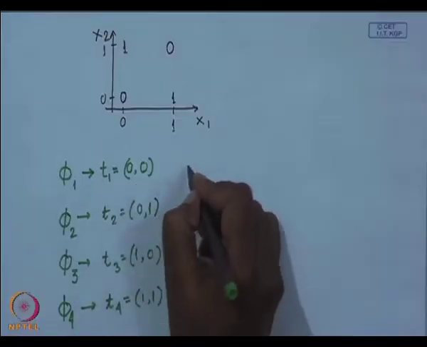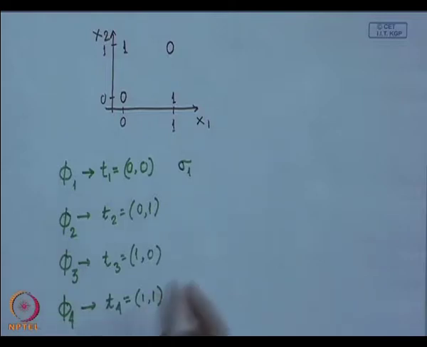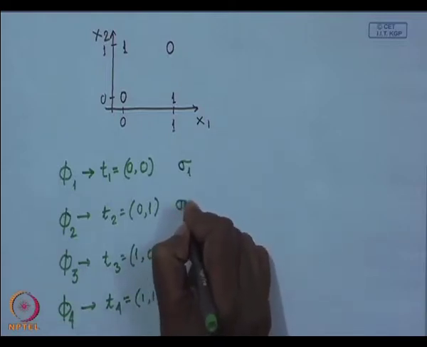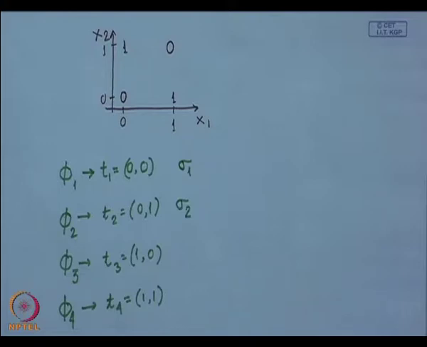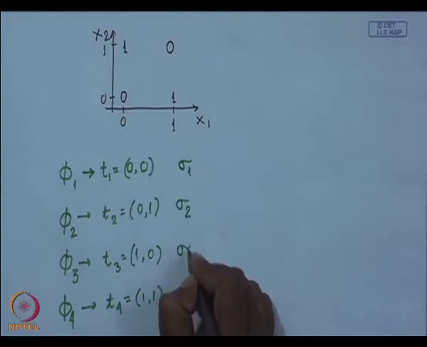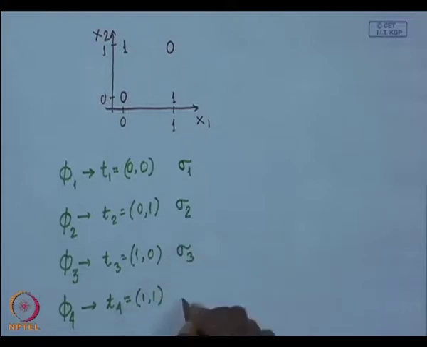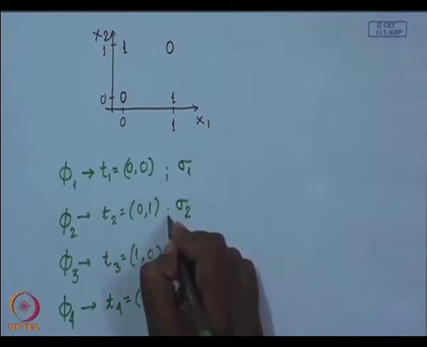Next, I have to choose the spread sigma 1 for the first radial basis function, sigma 2 for the second, sigma 3 for the third and sigma 4 for the fourth.